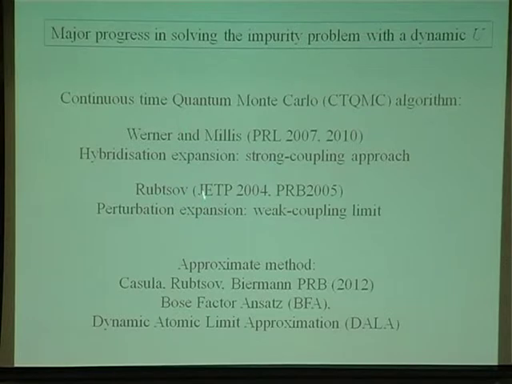These are two complementary schemes: a strong coupling approach based on hybridization expansion, and a weak coupling limit. There is also an approximate method developed by Silke's group.